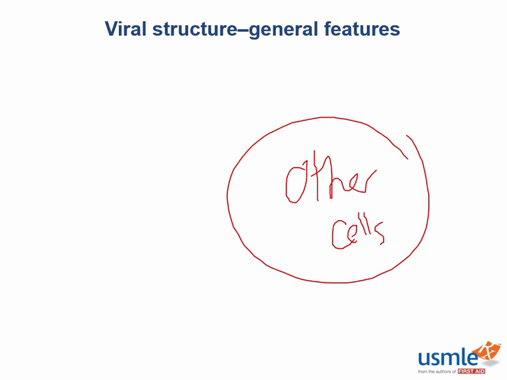Think about it like a car factory. To make a car, there needs to be machines and tools and people to make the car. Without the appropriate factory or people or tools, there's no way to make the cars. Same concept here with viruses. The virus needs to infect human cells or animal cells in order to access the machinery and the tools to make more of it and continue to propagate its genome.